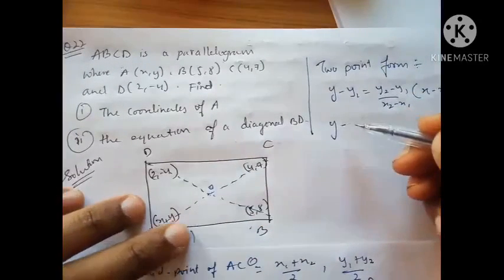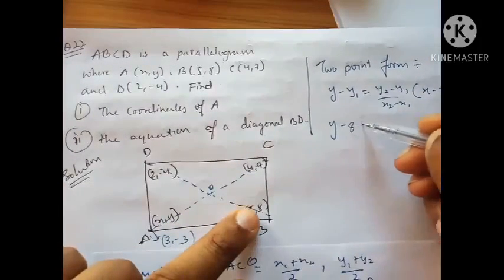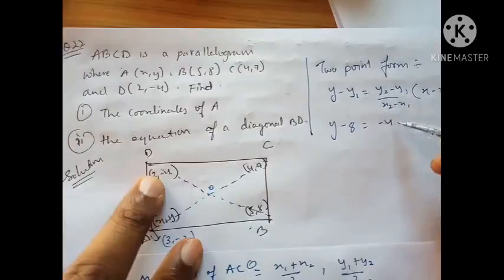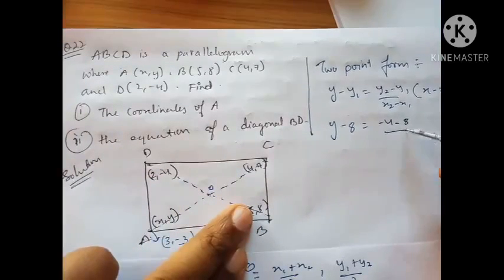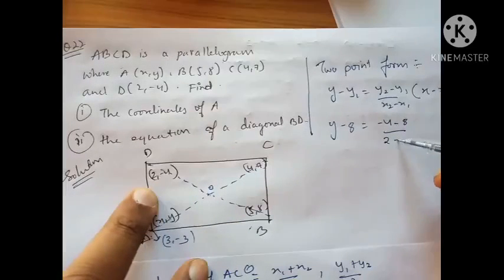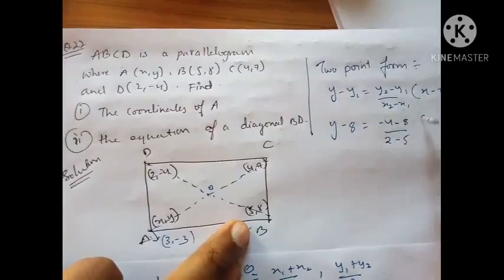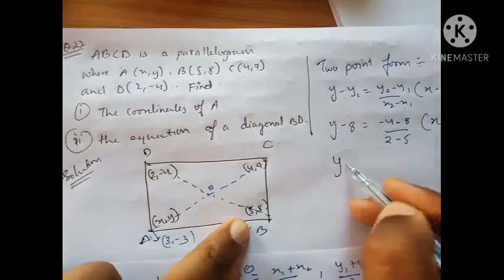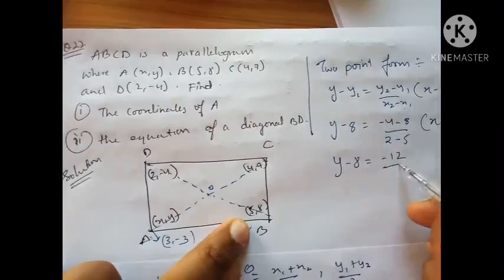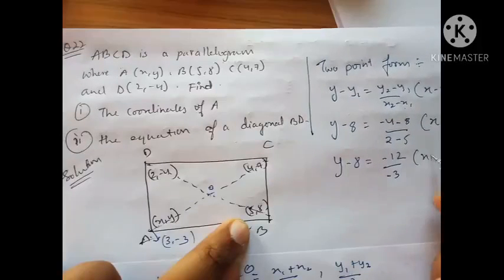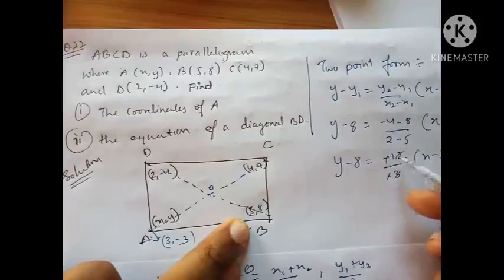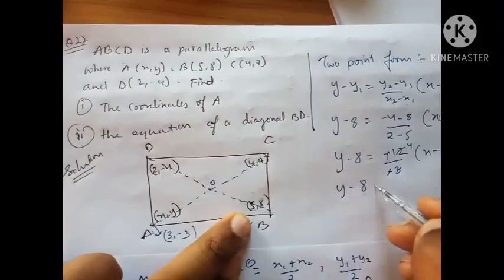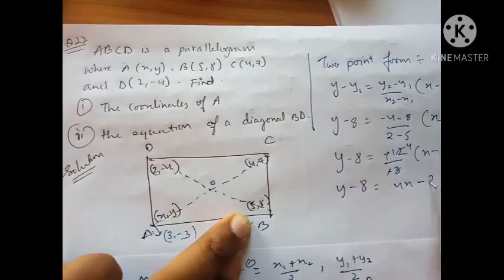So y minus y1, y1 is 8, equals y2 is minus 4, minus y1 which is 8, upon x2 which is 2 minus 5, multiplied by x minus x1, and x1 is 5. So y minus 8 equals minus 12 over minus 3, times x minus 5. If I cancel them out, I'll get 4. So y minus 8 equals 4x minus 20.